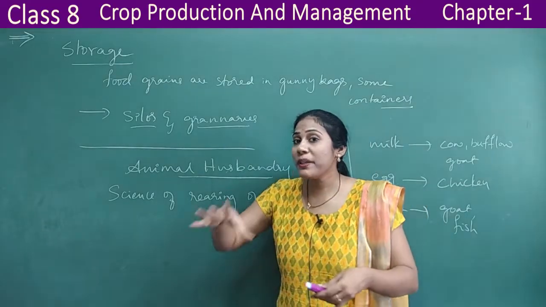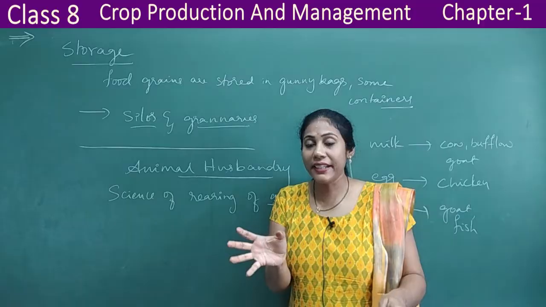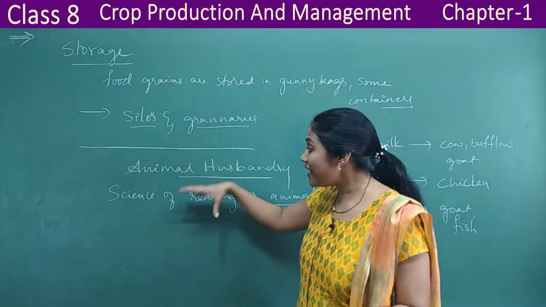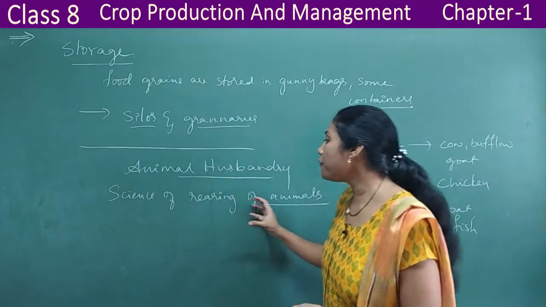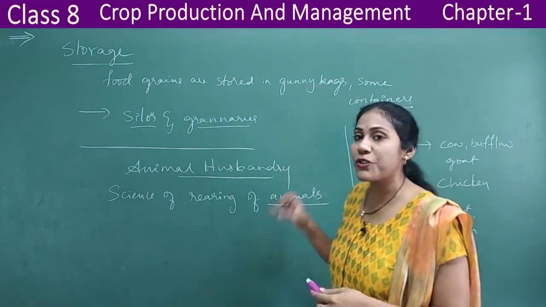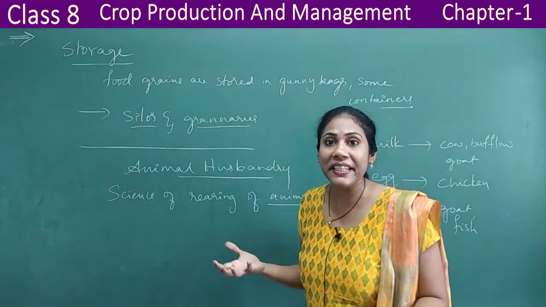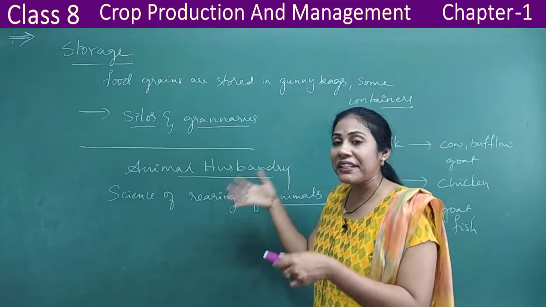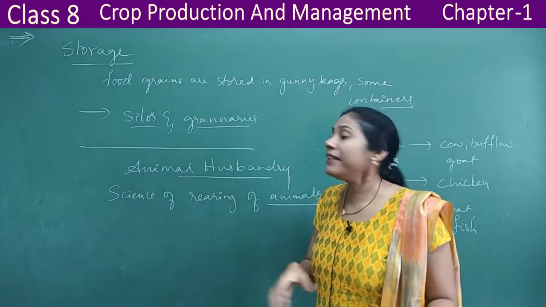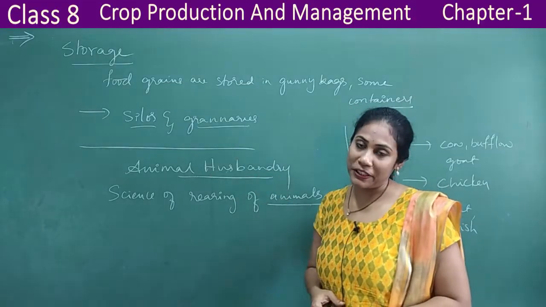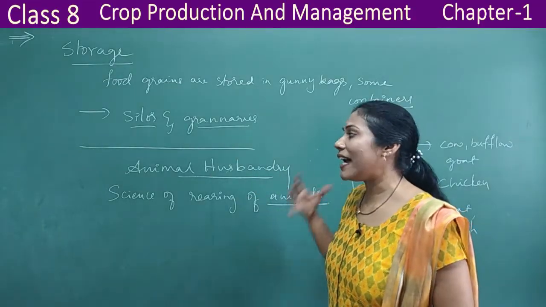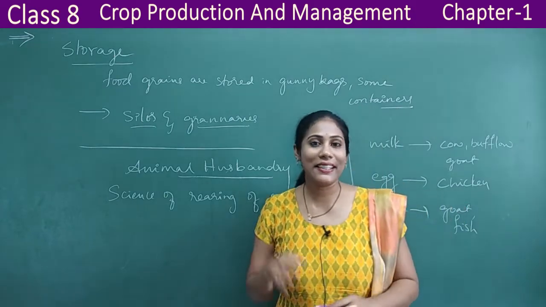Like you had so many steps in crop production, likewise you have different steps in animal husbandry also. It is the science of nurturing animals, growing them, maintaining them, controlling them, and getting food from them. This science is called animal husbandry. More about animal husbandry you will study in higher classes.